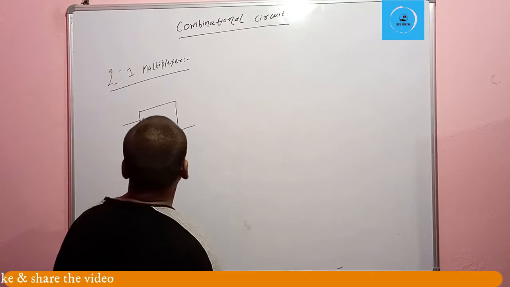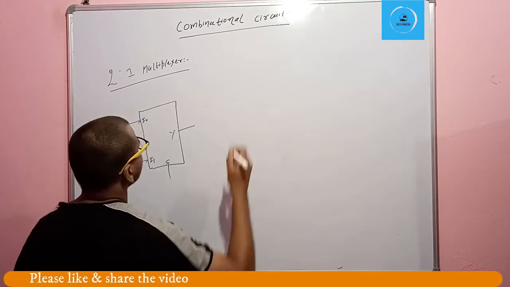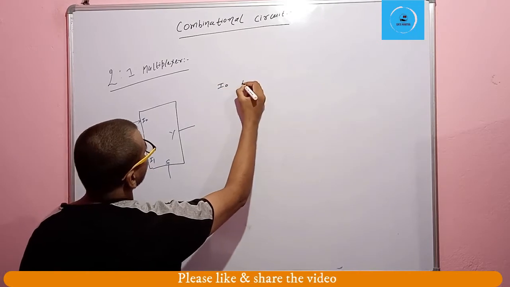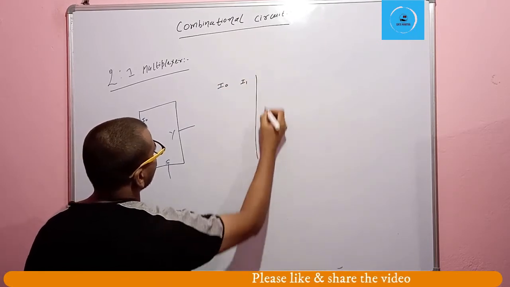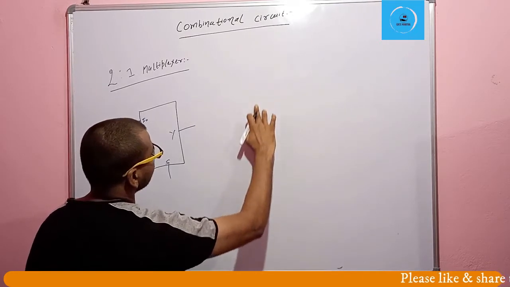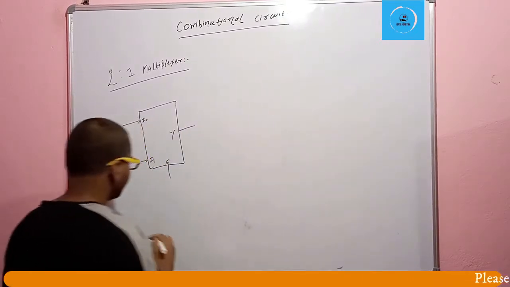So what will be its truth table? Here is I0, I1. What will be its truth table? Let's see here.